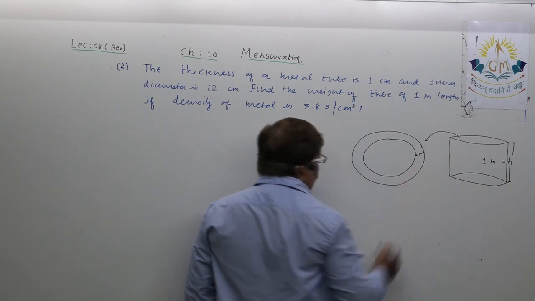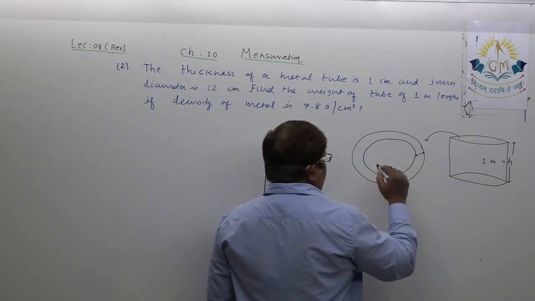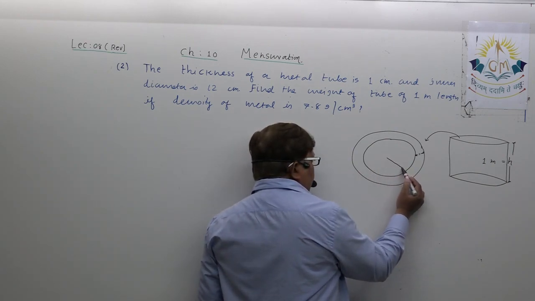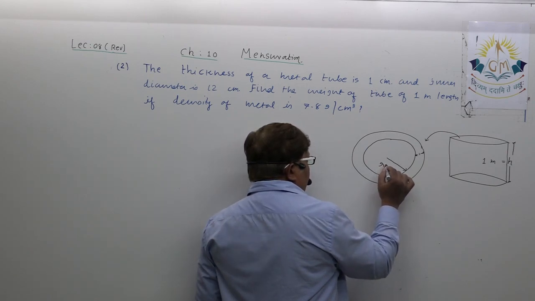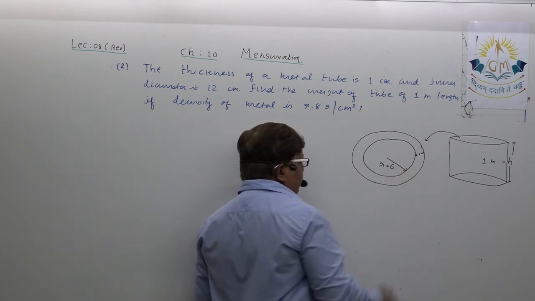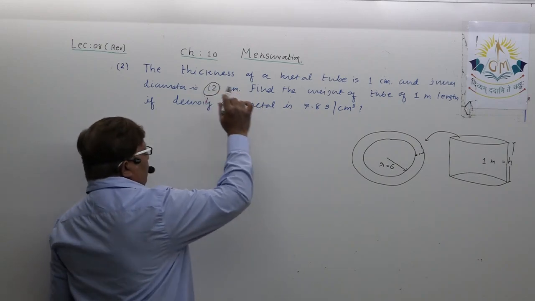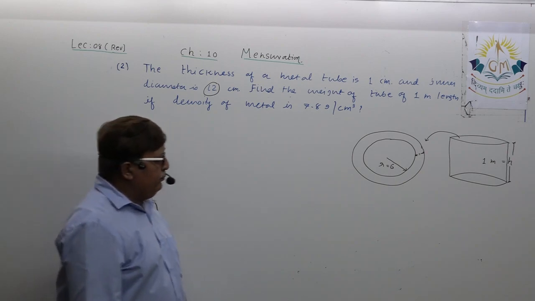This is 1. Inner diameter is given, that means, dear student, the inner radius, smaller r, obviously half of the diameter, 6 centimeter, because the diameter is 12 centimeter.